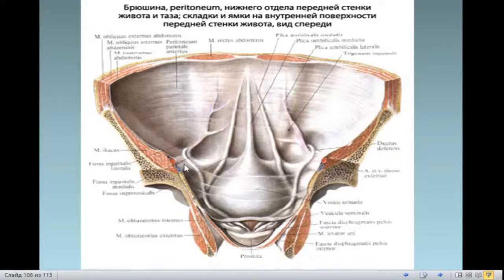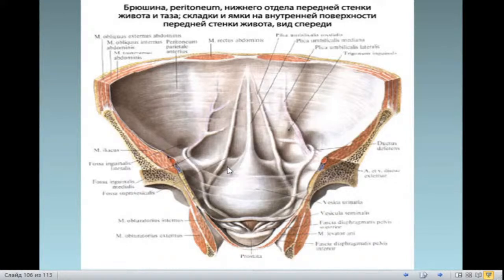If we look onto the anterior abdominal wall from the inside, we'll see the folds that are caused by peritoneum. These are the median umbilical fold, plica umbilicalis mediana, then the lateral umbilical folds, here lateral, and in between are medial. So median, plica umbilicalis mediana, plica umbilicalis medialis, and lateralis.